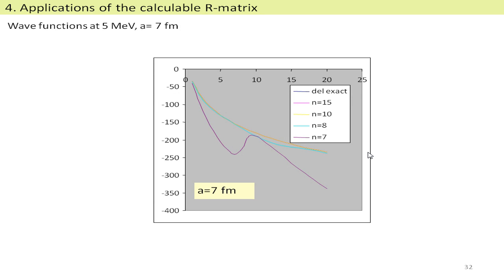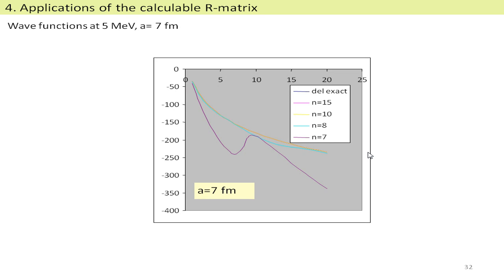So let me remind you of this curve. So this is for A equals 7 Fermis. And I'm going to look at the wave function at 5 MeV for A equals 7. So 5 MeV is here. You have here the exact phase shift, and here the results for n equals 7.